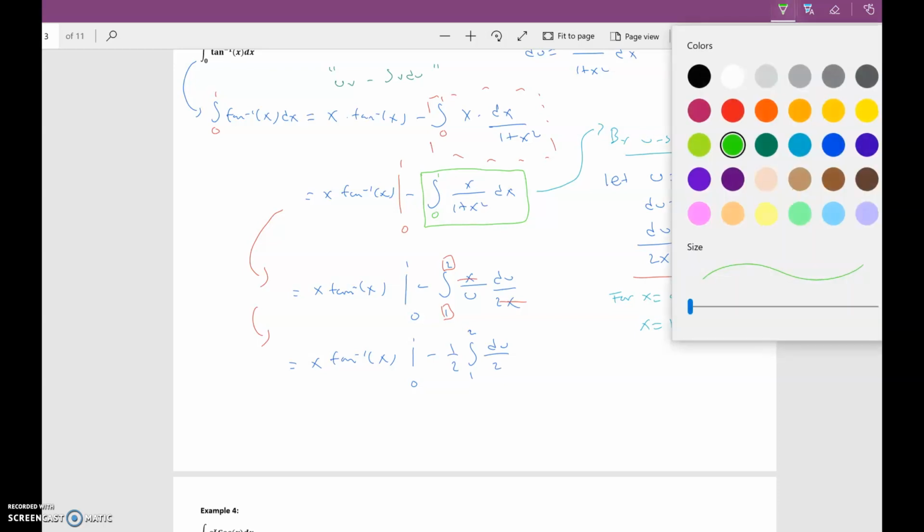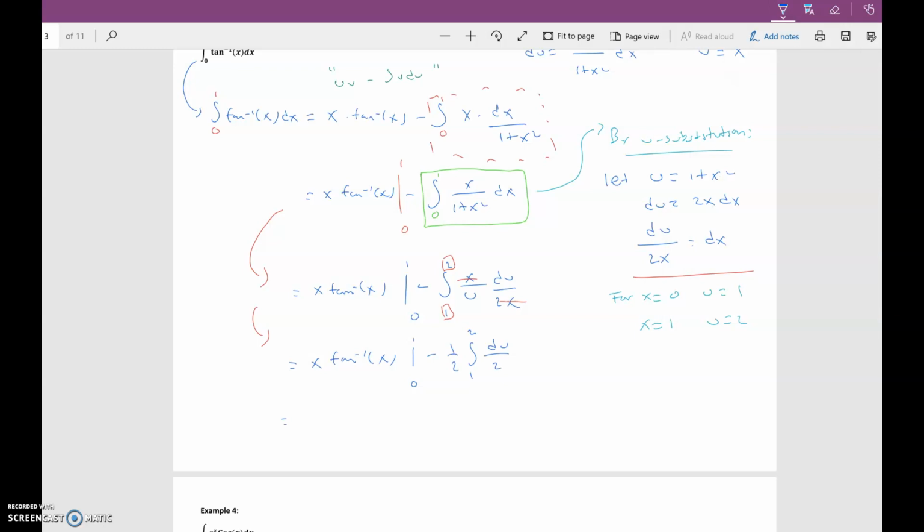So in this case, we have x tangent inverse of x from 0 to 1 minus 1/2, this is supposed to be a u here, ln of u evaluated from 1 to 2. Make sure that you're adjusting the limits of integration for the u. Or you could go back and put in 1 plus x squared and keep the original limits.